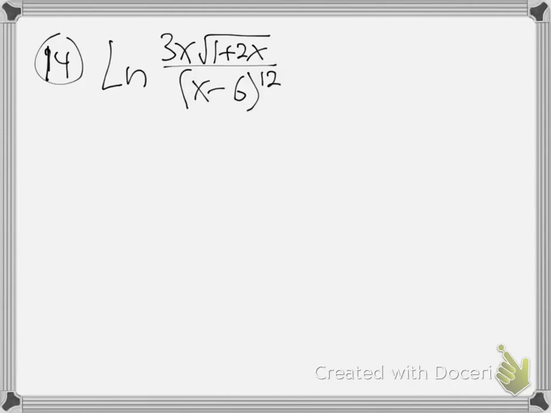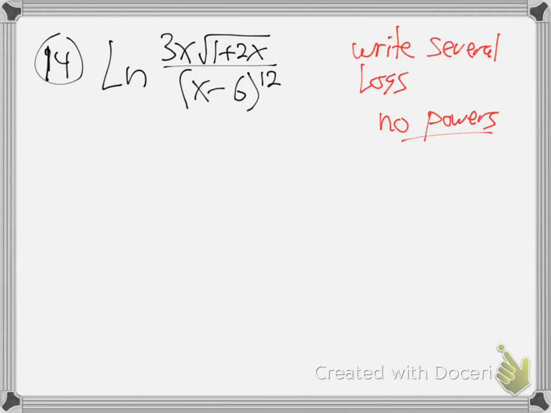Okay, so same thing. Write as several logs and no powers. Okay, can you do that one? In that numerator, make sure you treat the 3 and the x and the root as all separate, and then the bottom.